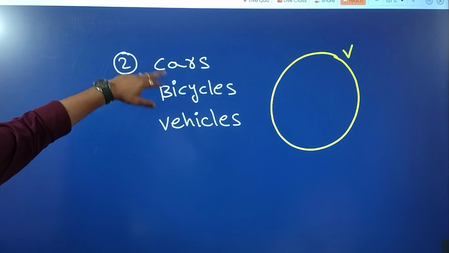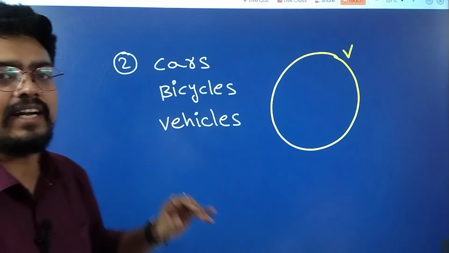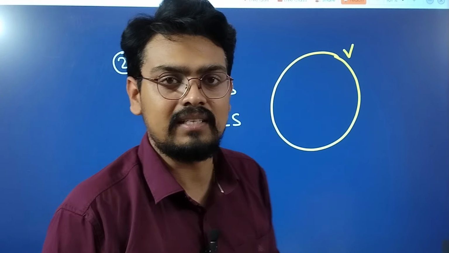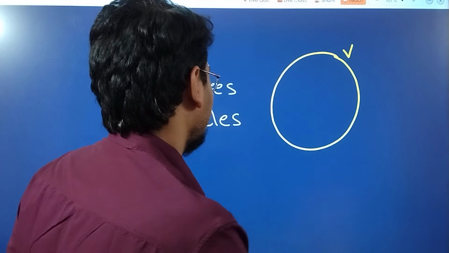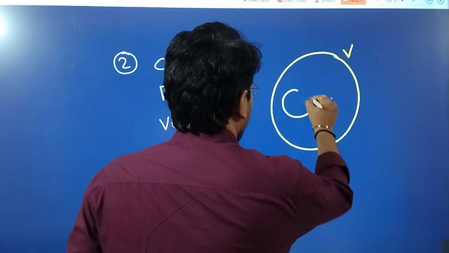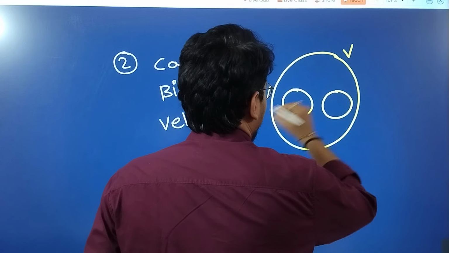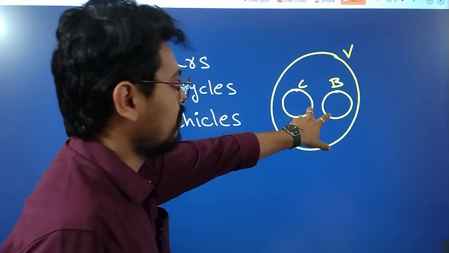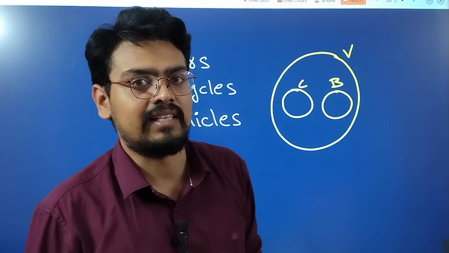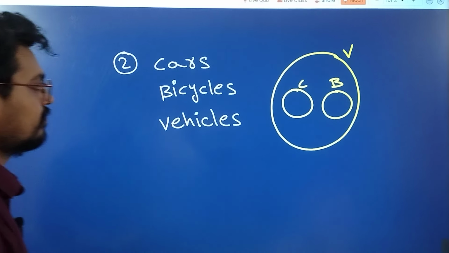Now, see the rest of the two, cars and bicycles. Is there any relationship between cars and bicycles? Any interlink? No, nothing. So, car is completely different and bicycle is different. But both come under a category called vehicles. So, this is the diagram.